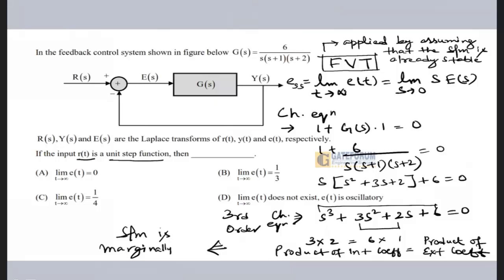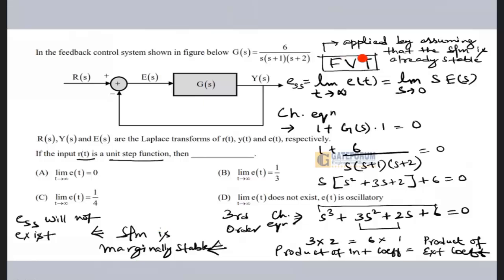If the system is marginally stable, then we know that the steady state error will not exist, because the error will keep on oscillating. If the system is marginally stable, you cannot apply the final value theorem.